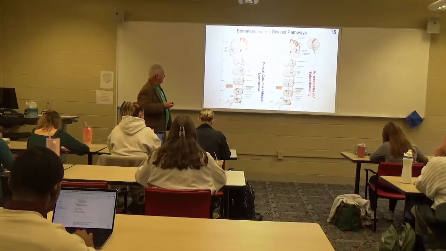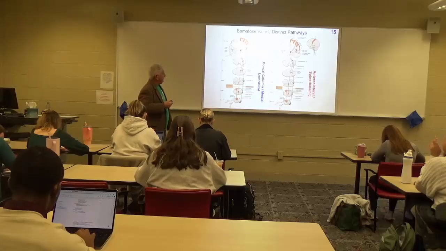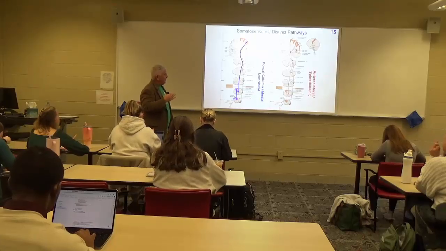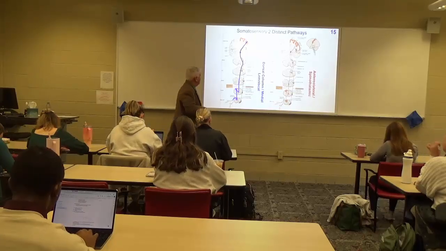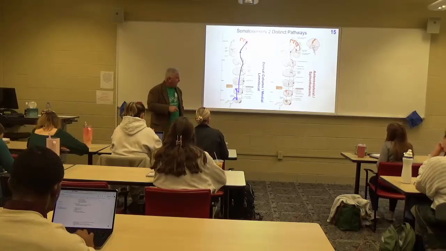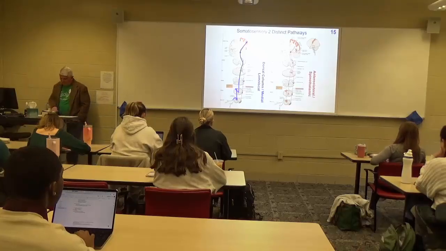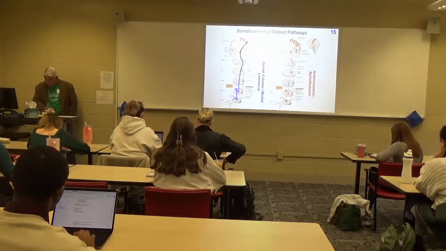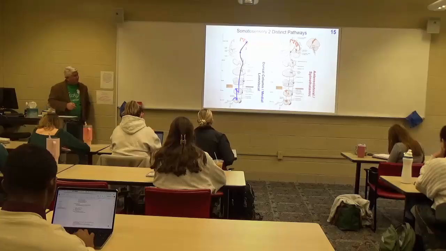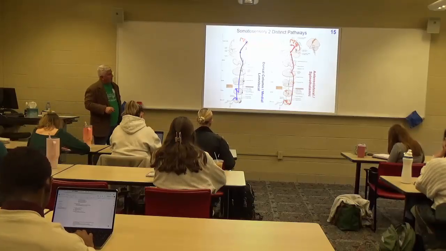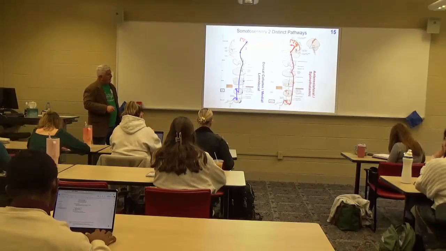All right, so there are two distinct pathways. There's what we call the dorsal column or the medial lemniscal pathway, and there is the anterolateral spinothalamic pathway.